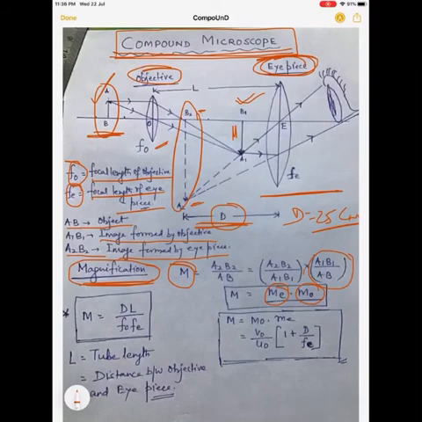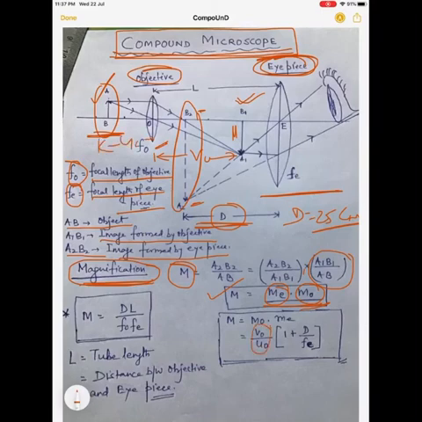So the magnification by the objective into the magnification by the eyepiece, both are multiplied to give the final magnification. So MO is V0 upon U0, where V0 is the distance of the image from this lens, and U0 is this distance.